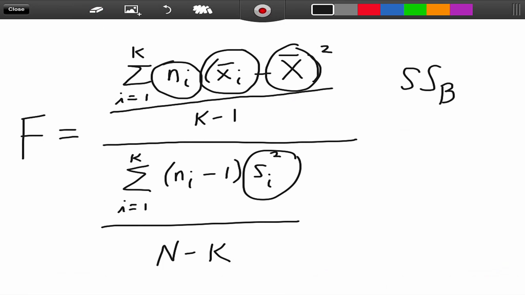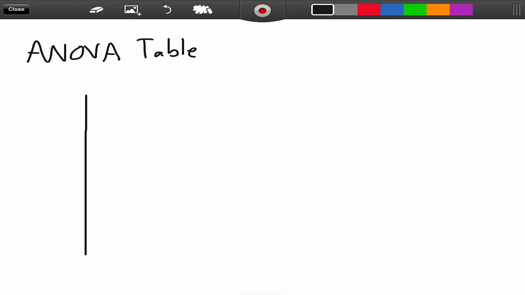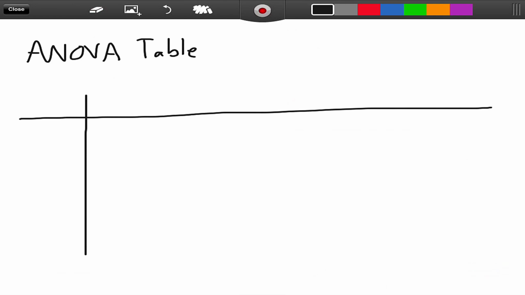Ultimately, what we want to do here is create an Anova table. We're going to get into some post hoc analysis too, but for the most part, we want to fill out this table.